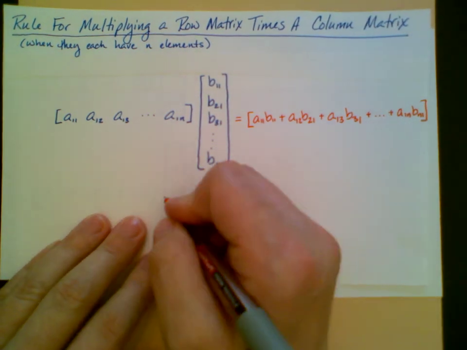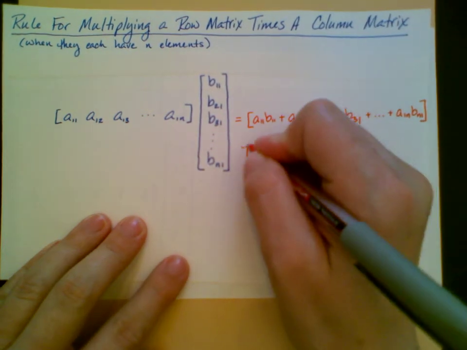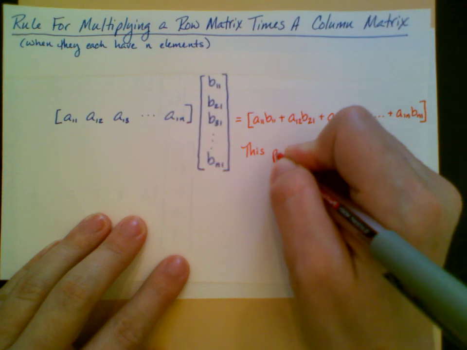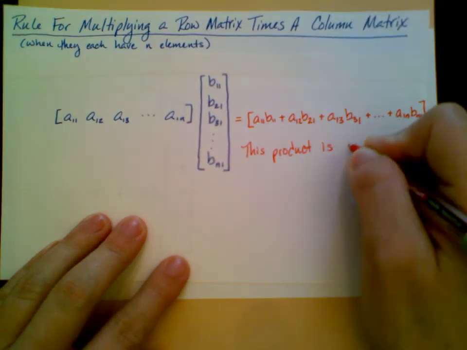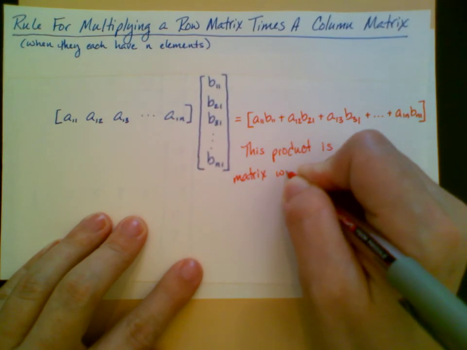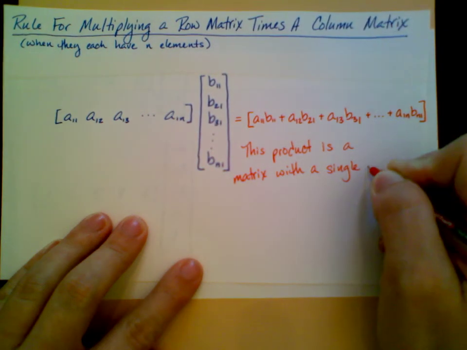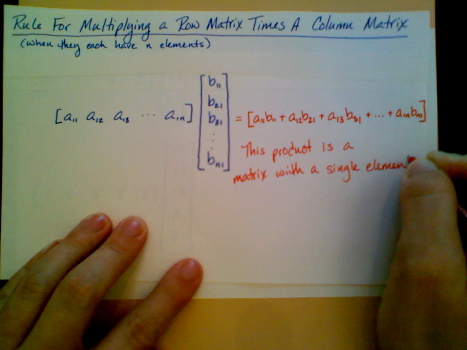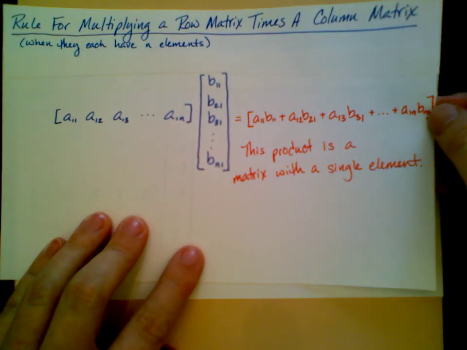So this product, the result of the multiplication, is a matrix with a single element. So that's a 1 by 1 matrix again.